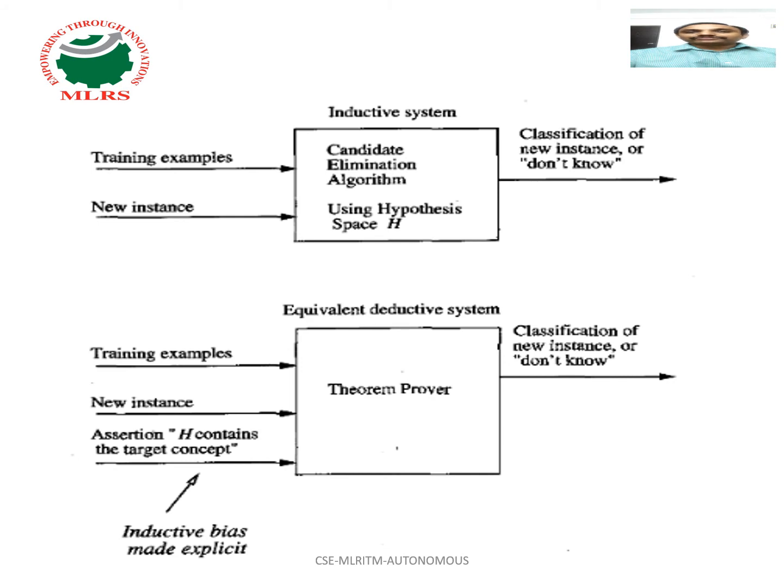After that, if you give the new instance, the theorem prover gives the classification for that new instance or it gives the don't know condition. So both these are giving the same thing: classification of the new instance or don't know.